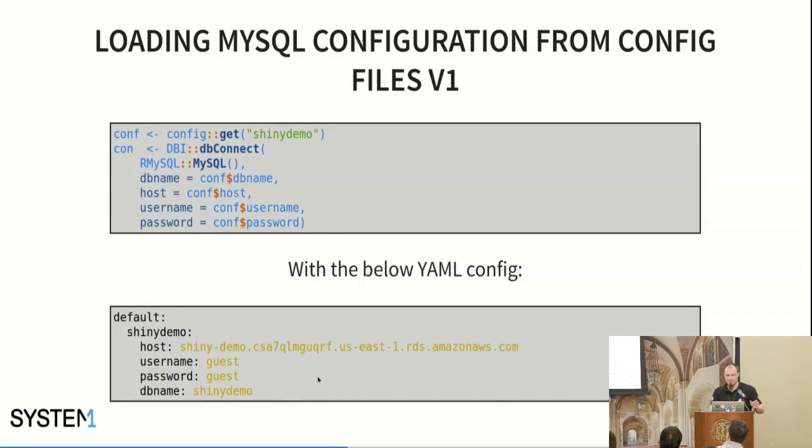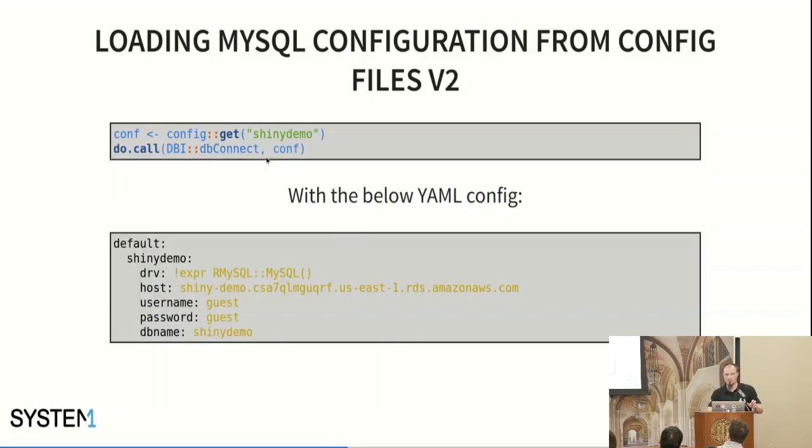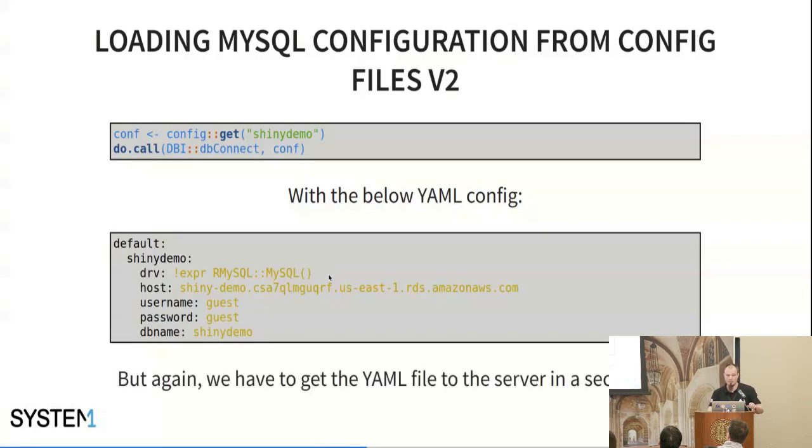So here we have the host name, username, password, and the DB name, but as you can see here, we are still referring to the actual database driver here in the DB Connect section. To overcome that, you could just use this exclamation mark expression syntax in the YAML file so that you can put all your R code into the actual YAML file.